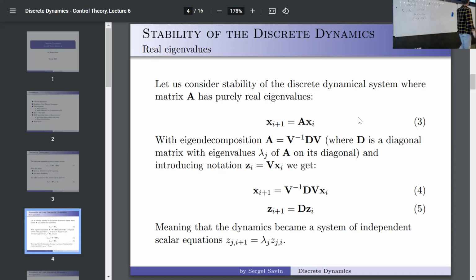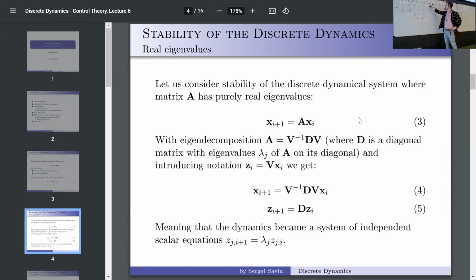Then you can write expression 4. You can see we just decompose and substitute. Then, as before, we denote Z as Vx, so Z sub i is Vx sub i. This is the standard way we did it in the stability lecture.